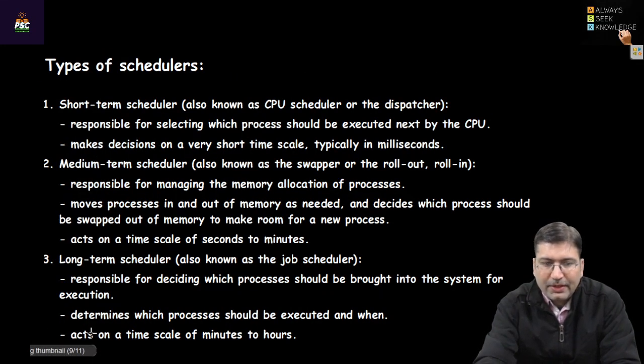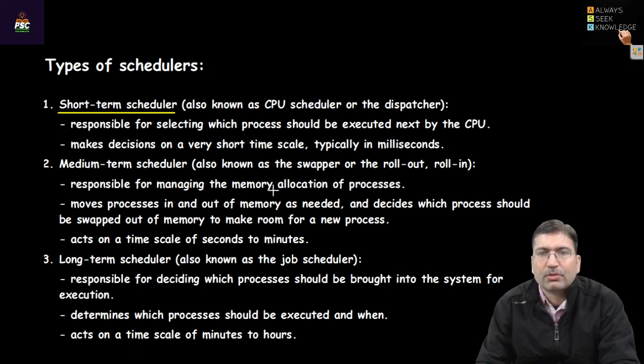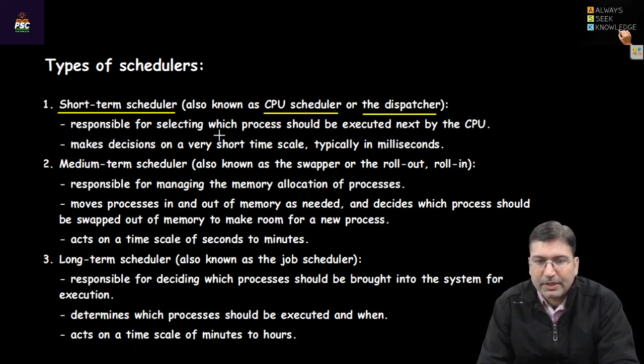Now there are different types of schedulers. The very first type is the short-term scheduler, which works on the ready queue. This scheduler is also known as the CPU scheduler, or the dispatcher. What are the responsibilities and roles of this short-term scheduler? It is responsible for selecting which process should be executed next by the CPU.